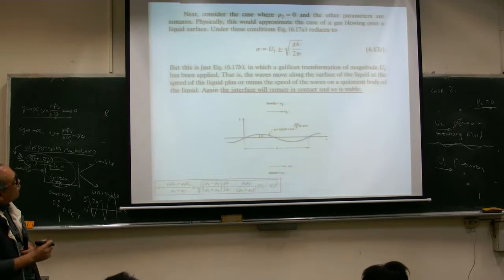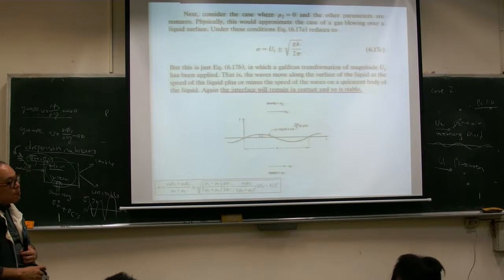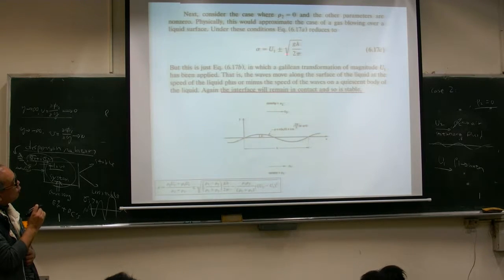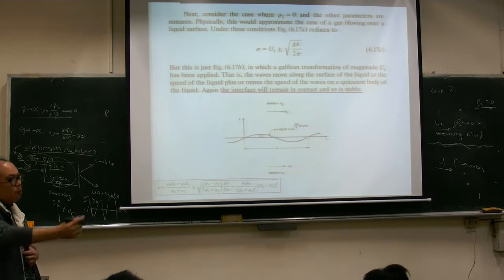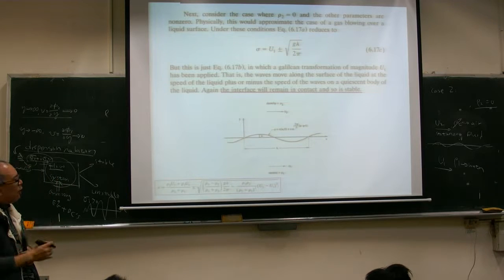Once I have the speed U1 below, my wave speed becomes like this. Even if U2 is blowing very hard, when the wind above blows very strong, it doesn't influence your interface or the wave speed at all, because in this equation we don't see any U2, the velocity. So a strong wind blowing doesn't affect this wave speed at all.